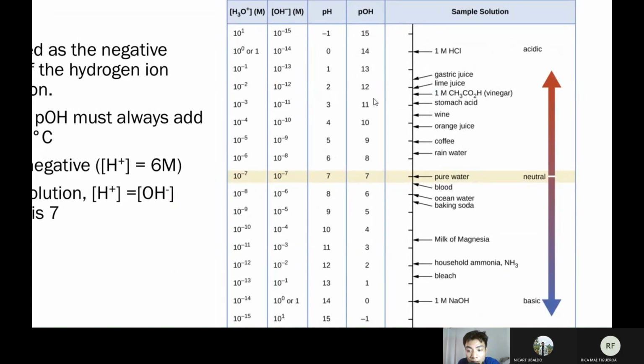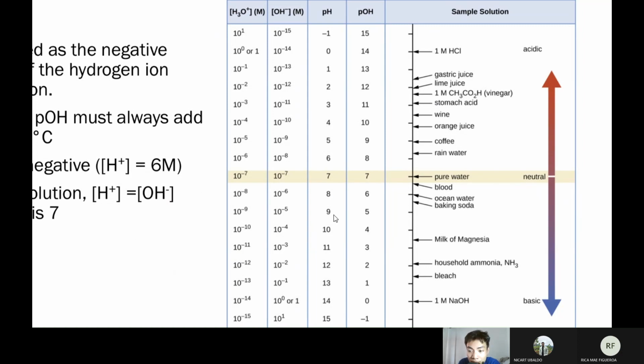So, what we know about the pH scale is that if your pH is 7, that means your molecule is neutral. Kapag ang pH mo ay below 7, that means acidic yan. Kapag ang pH mo ay greater than 7, then that means yan ay basic.